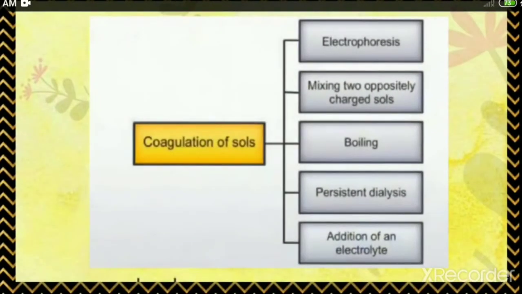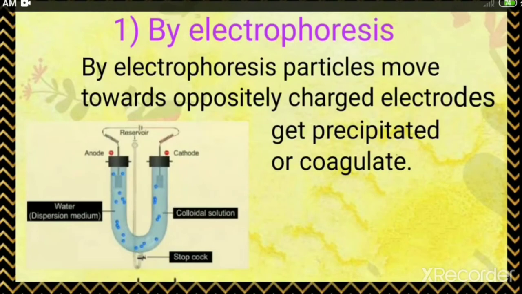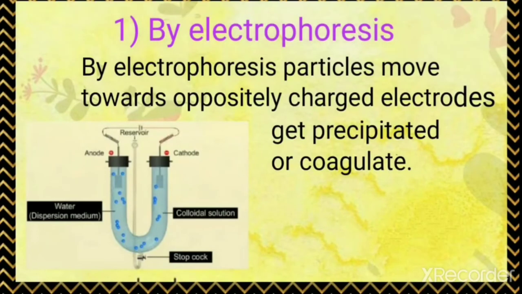What are the different means by which we can coagulate the sols? These are electrophoresis, mixing of two oppositely charged sols, boiling, persistent dialysis, and addition of an electrolyte. So let us discuss these one by one. Electrophoresis we have already discussed in the previous video. That is the movement of colloidal particles towards the oppositely charged electrodes.